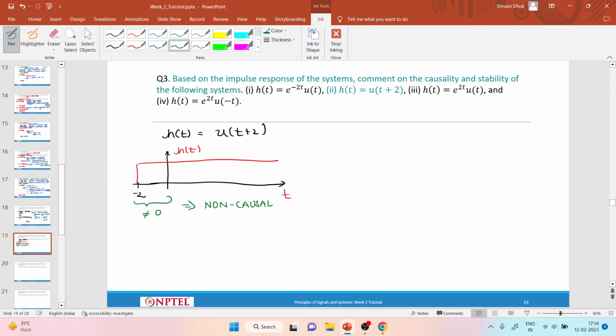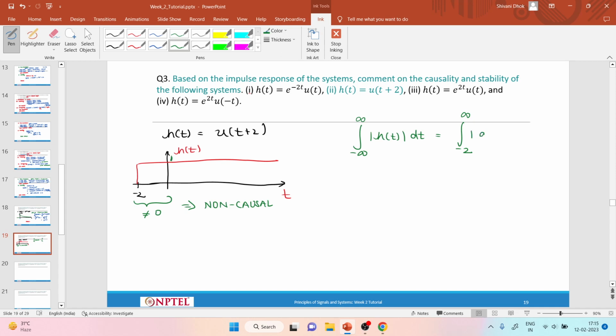Now let us look at stability. So for that, again, the integral from minus infinity to infinity of the absolute value of h of t dt. This will be starting from minus 2 to infinity, because it is non-zero from minus 2 to infinity, and h of t takes the value 1 in that range.